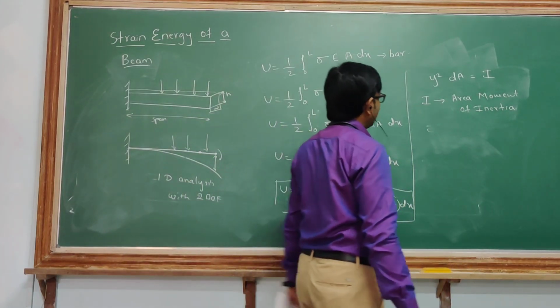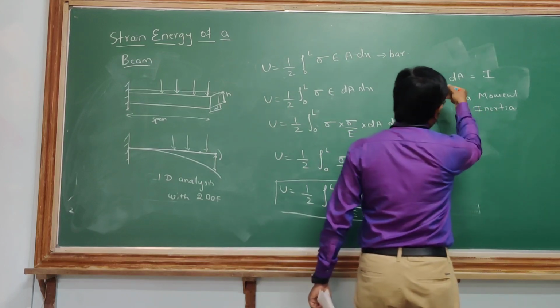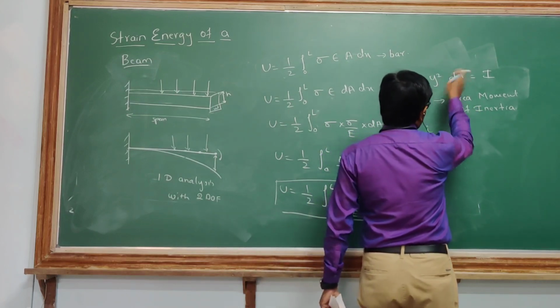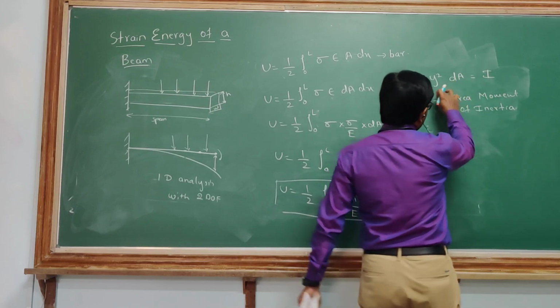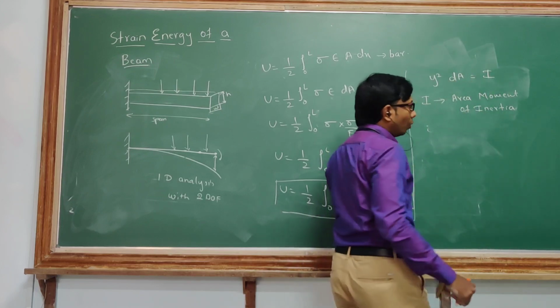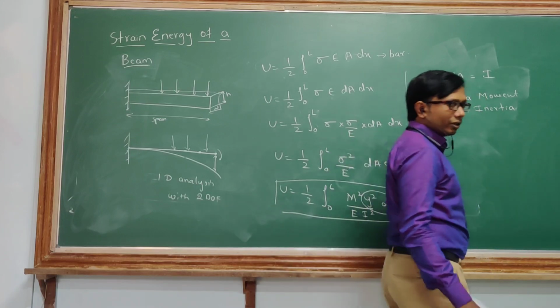So you have already studied this. In the mathematical format, y square will be meter square, dA will be meter square, so it is meter raised to 4. So I is also meter raised to 4.